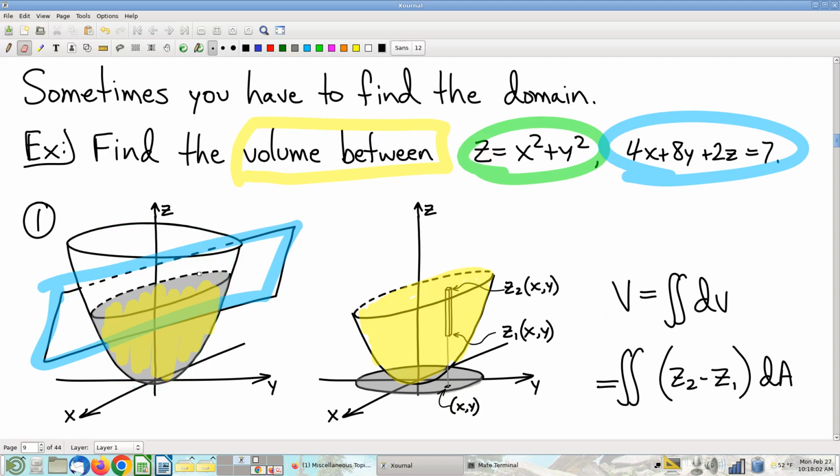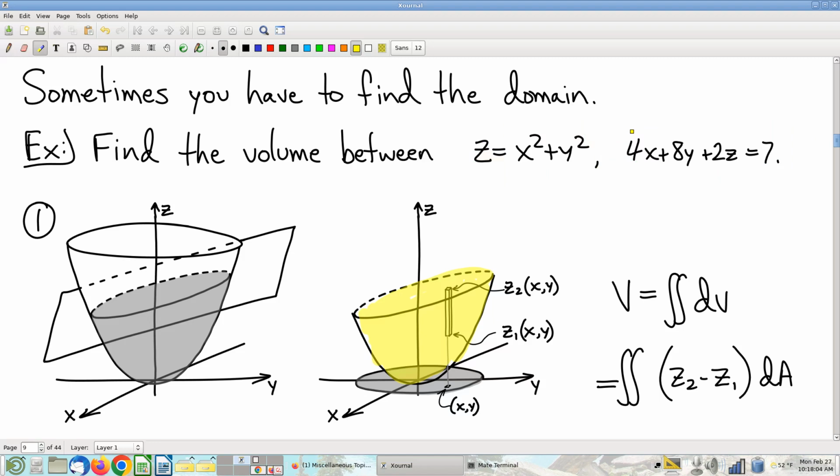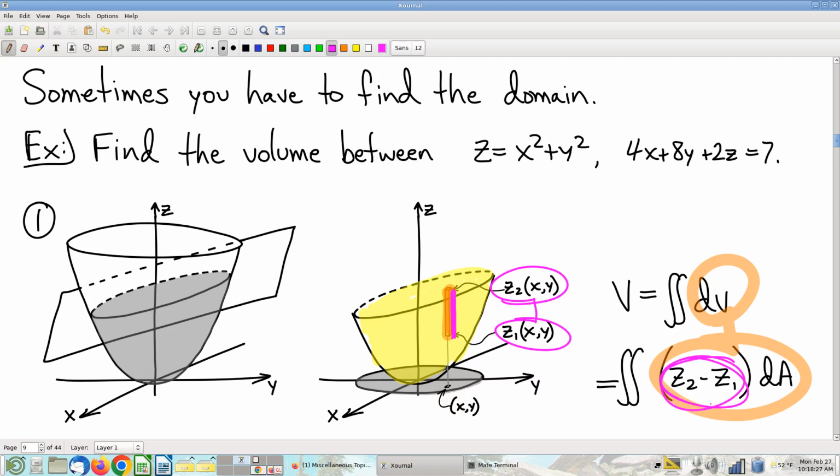Now it's easy to argue at a quick glance that I'm going to break up this volume into a bunch of little French fries, like so. And the volume of a French fry, like this, is going to be the height, which is Z2 minus Z1, times the area of its little base, and the area of that little base is in fact just dA.